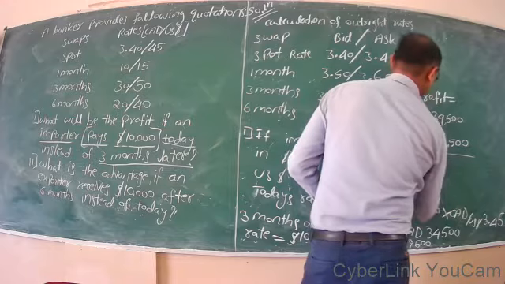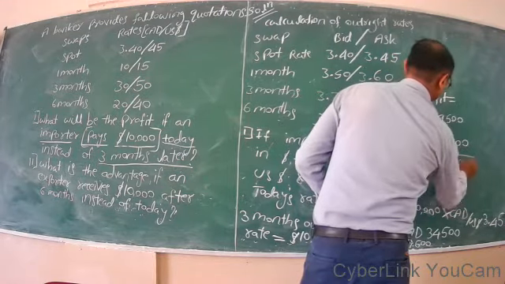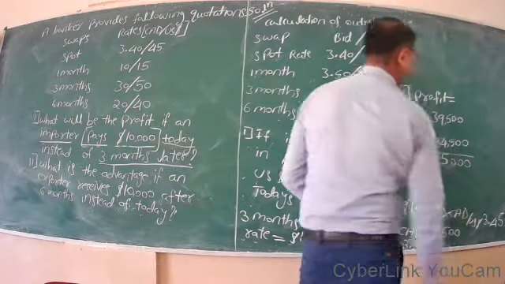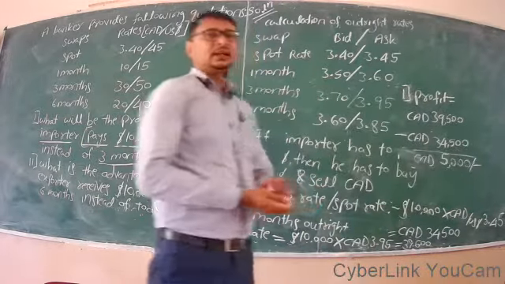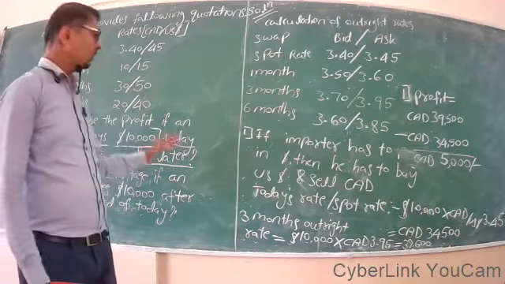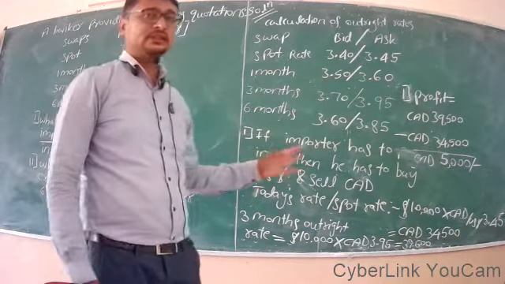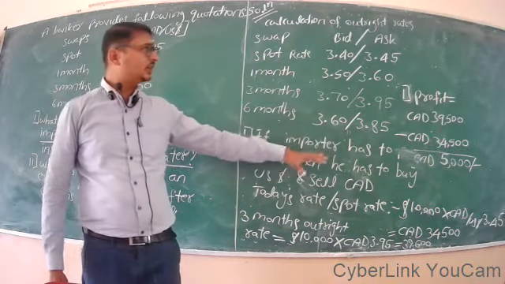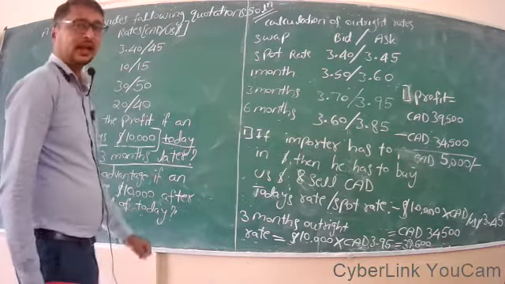So profit is 5,000 Canadian dollars, because he bought US dollars at the spot rate today itself instead of buying it 3 months later. This is the advantage he is gaining by spot trading.